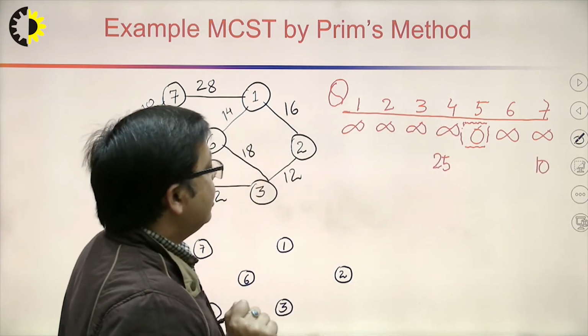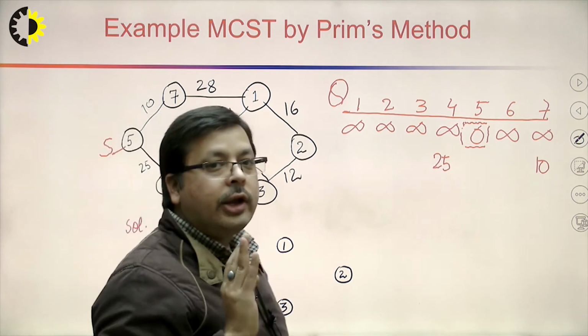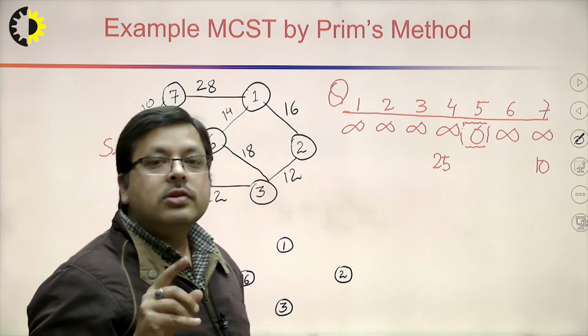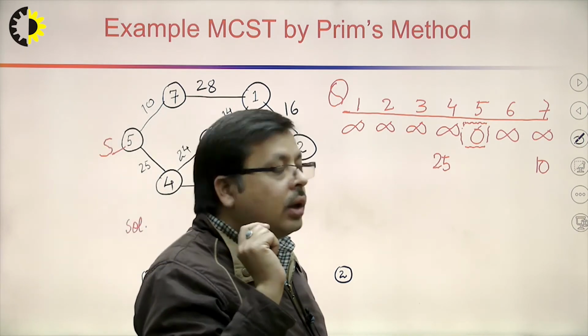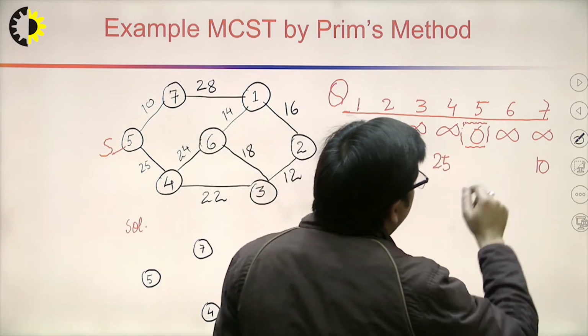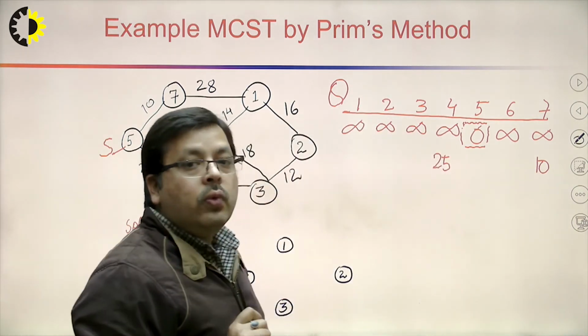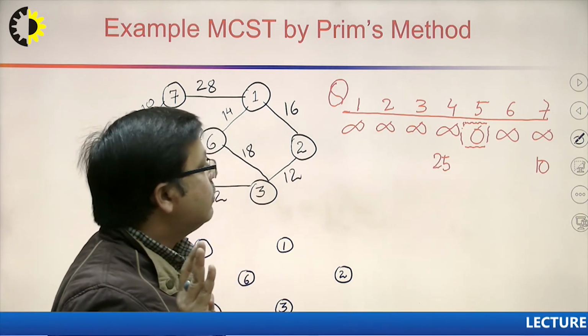Keep in mind that when you update the weight of a particular node, you must keep a record of the parent of that node. The weights of 4 and 7 are updated because these nodes are adjacent to node 5.